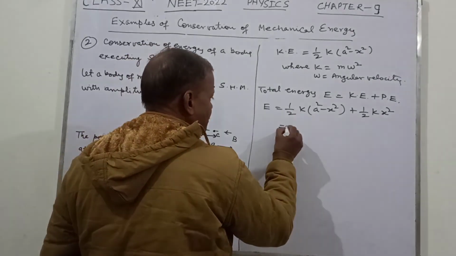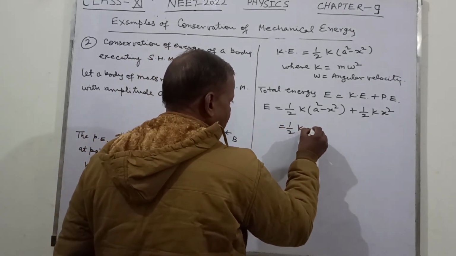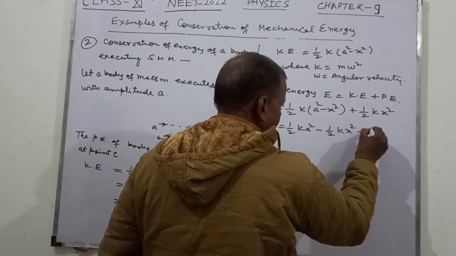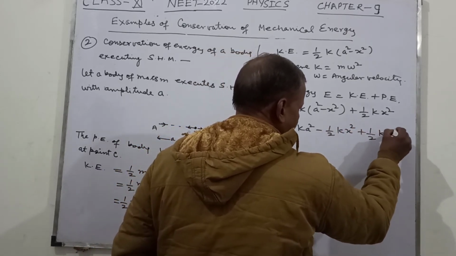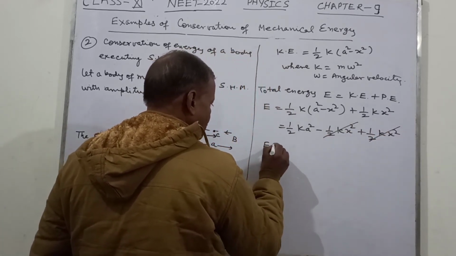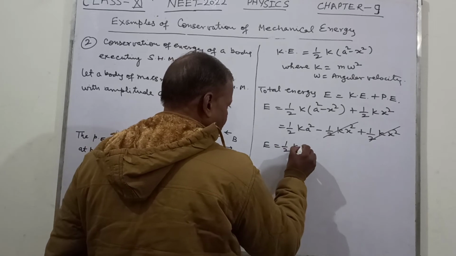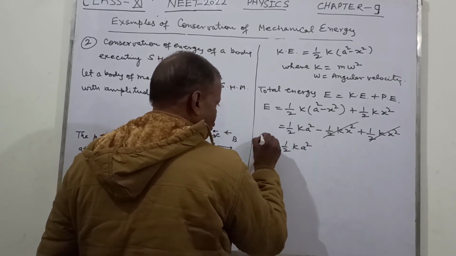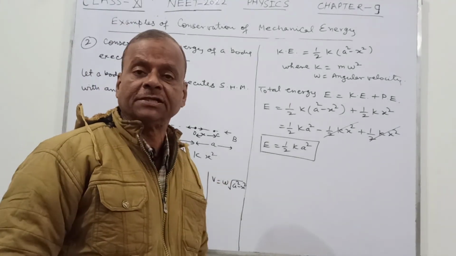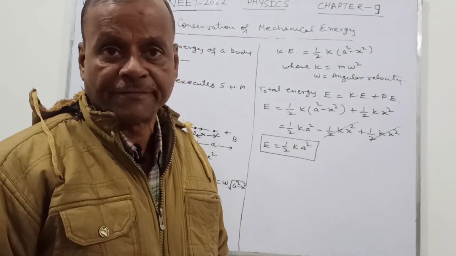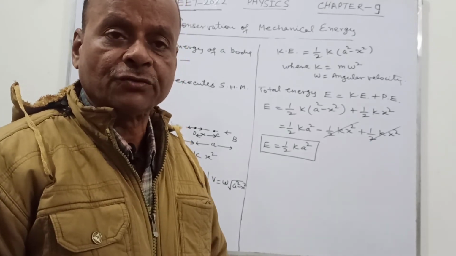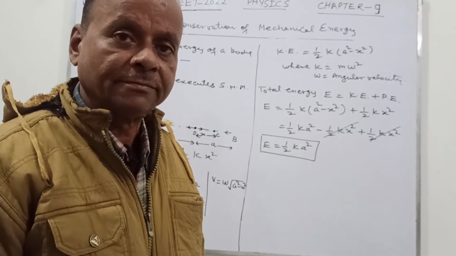Simplifying, half k a square minus half k x square plus half k x square. These terms cancel. So E is equal to half k a square. You see that this total energy is independent of the displacement x. A, the amplitude, is constant and k is also constant, so E is constant.